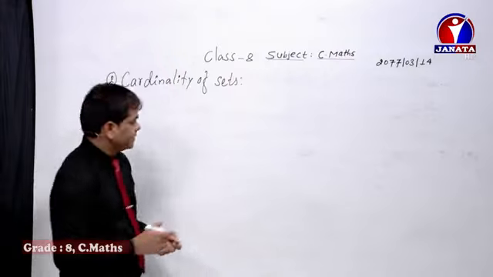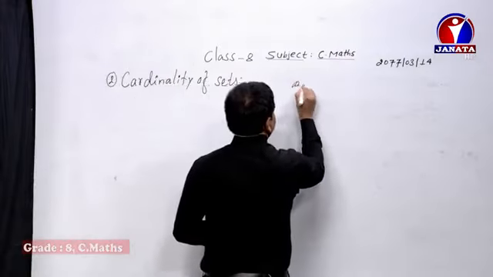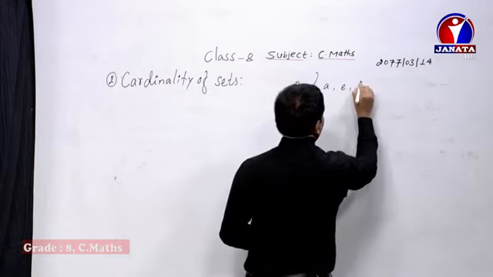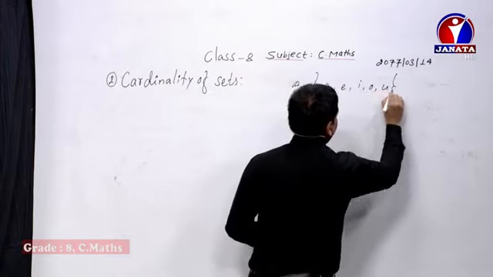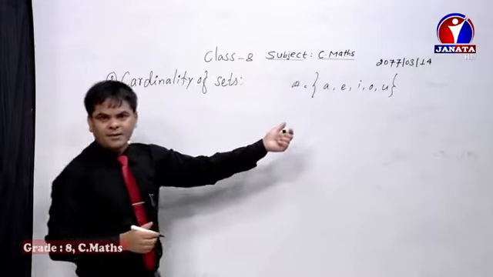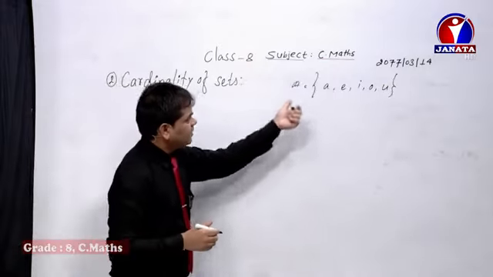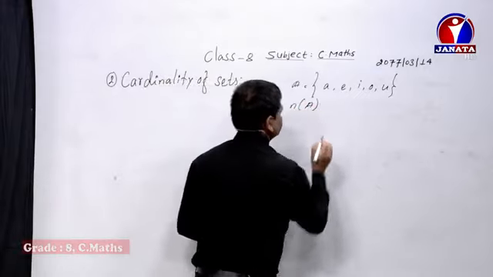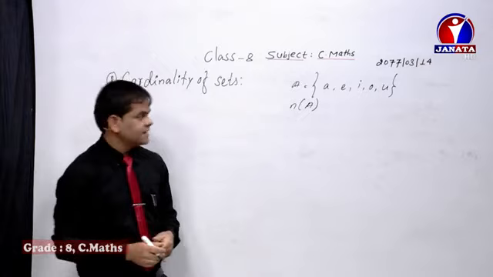So if we take a set A with elements A, E, I, O, U, rather than writing in such form, we write the elements of set A in terms of the number of elements contained in the set. How many are there?